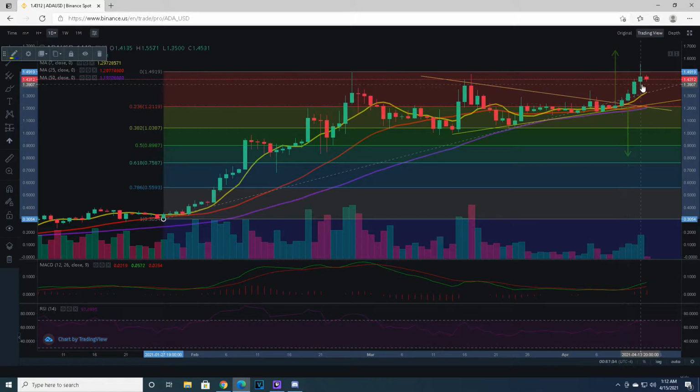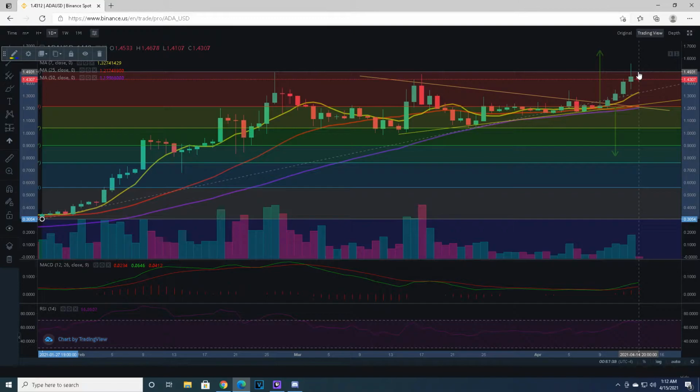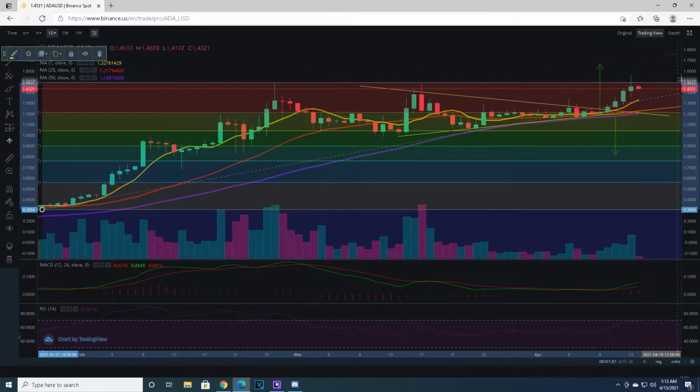Now this will likely hit resistance here at 1.49. It broke out briefly on the wick of a day, but it will likely have to beat this resistance a little bit before it breaks out. And again, I'm looking at 1.65, 1.70 for a sell price.